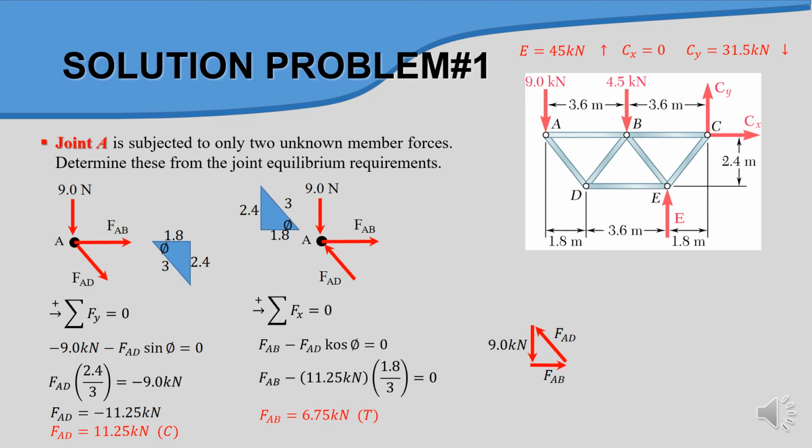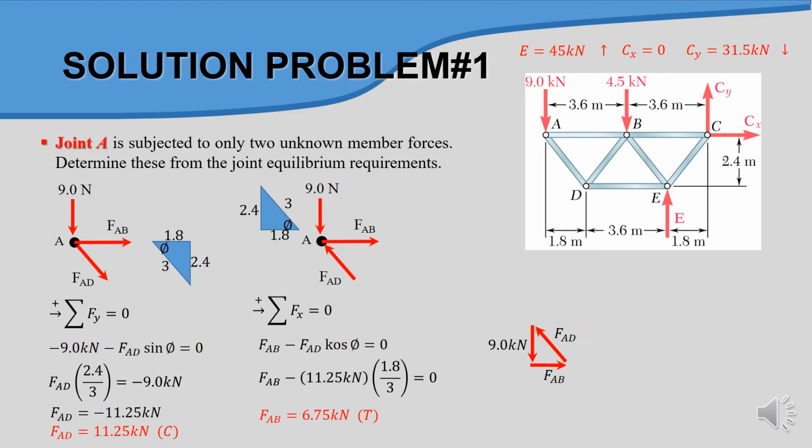You must remember that because of the value of FAD, when we redraw the arrow of FAD it is in the opposite direction from the first diagram, because once we discover that FAD is in compression, we need to redraw its direction.